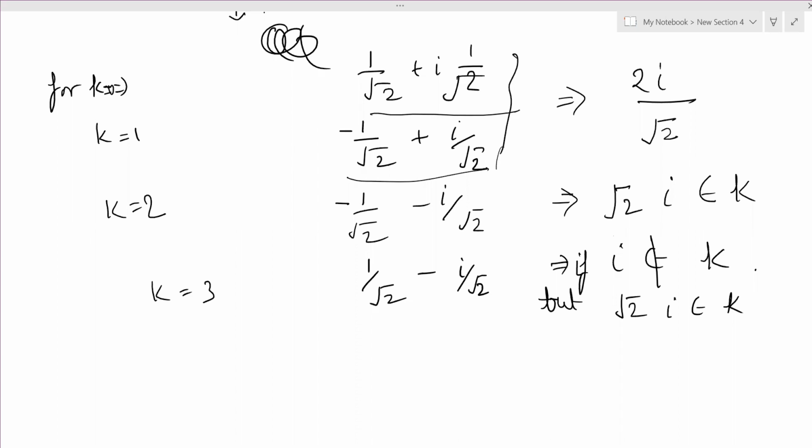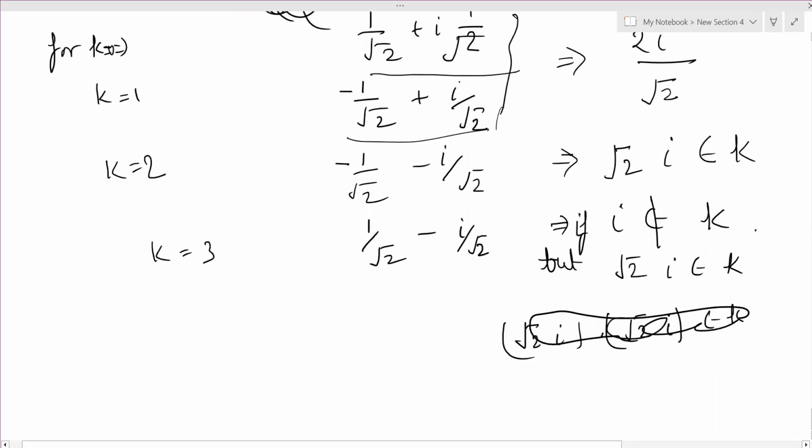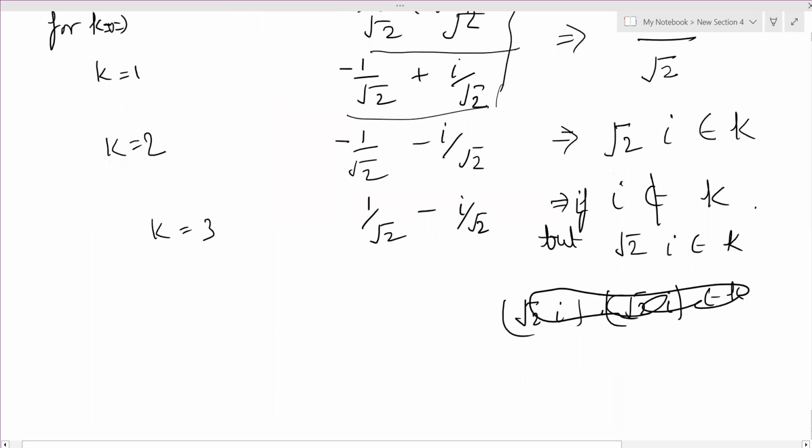Root 2 iota times root 2 iota belongs to K, that is precisely minus 2. So we have to do something more than that. Root 2 iota is in K and 1 by root 2 plus iota by root 2 is in K. And root 2 iota is in K.